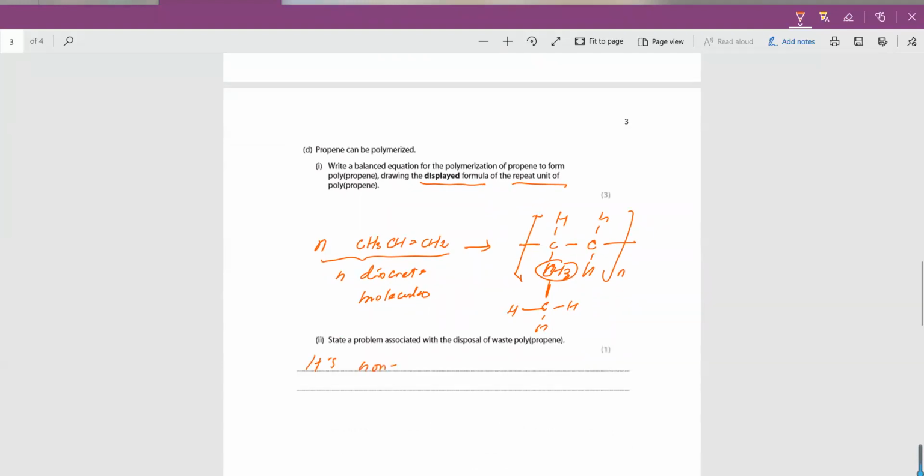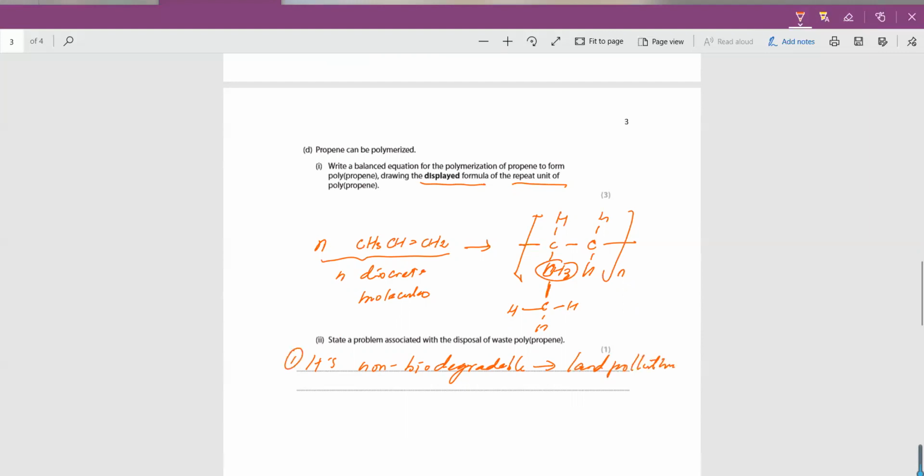It's non-biodegradable, so it will cause land pollution.